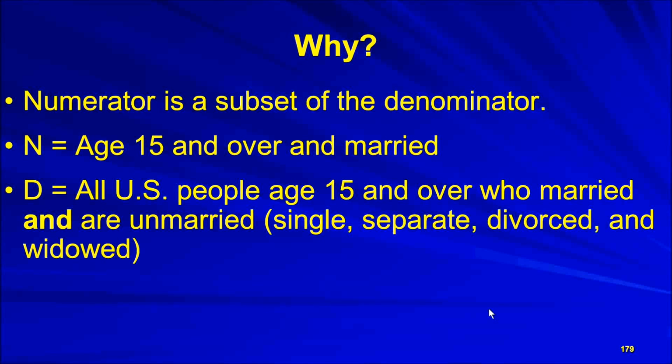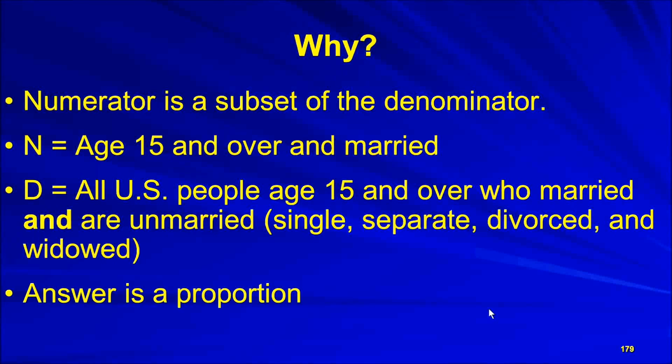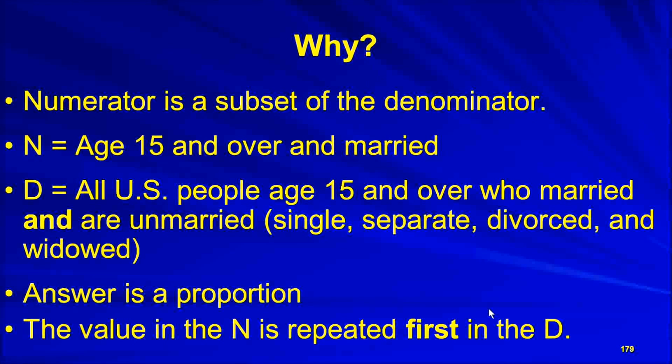I guess that would be single, so don't let that confuse you. Okay? Answer is a proportion. The value in the numerator is reported first in the denominator, and this is going to be reported as a percentage. The other two examples would be reported as a power to the nth degree.